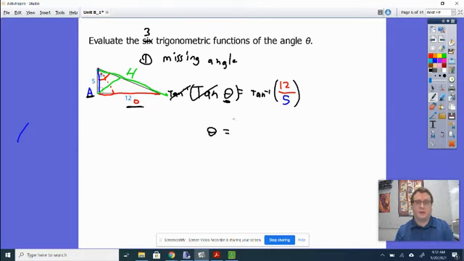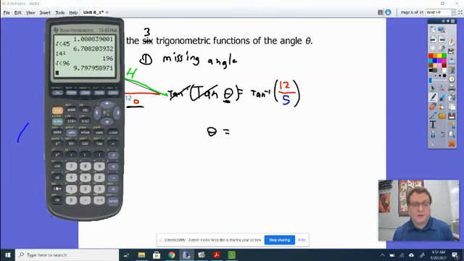Now here's the important part, and here's the part to be super careful of, because you've done everything right so far. I want to make sure you get the right answer. In your calculator, there are two ways you can represent an angle. You can represent it as radians, which we'll talk about later, and you can represent it as degrees. If you represent it as the wrong thing, you will get the wrong answer. By default, the TI-83, TI-84, TI-89, and most Casios default to radians.